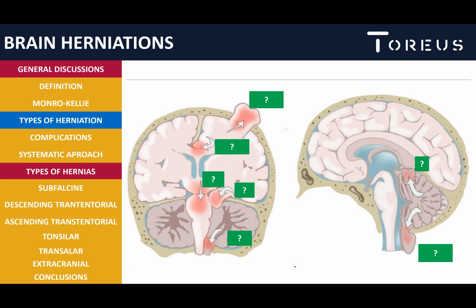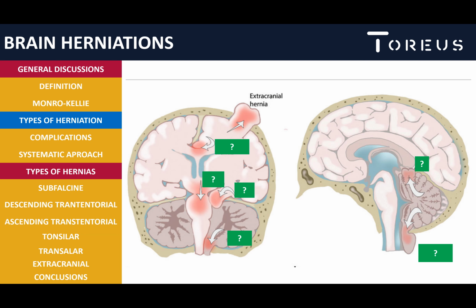And now we're going to discuss the types of herniation. And the first type here, we can see some cerebral tissue going all the way through the skull, and that's an extracranial hernia.